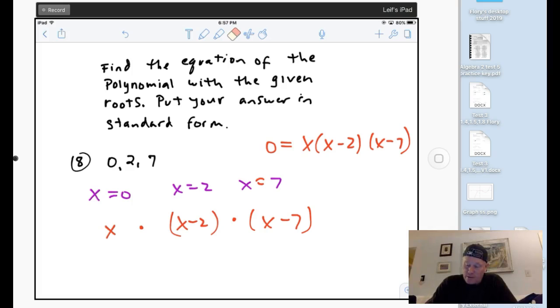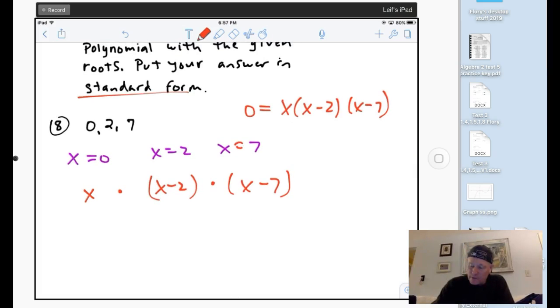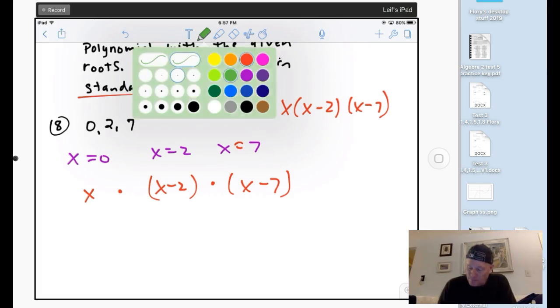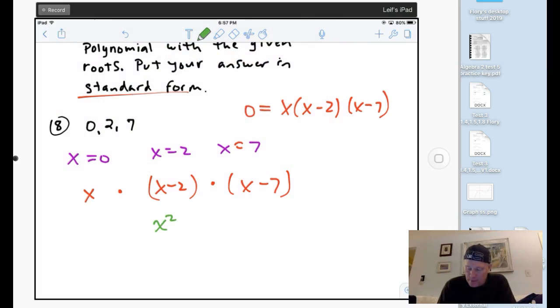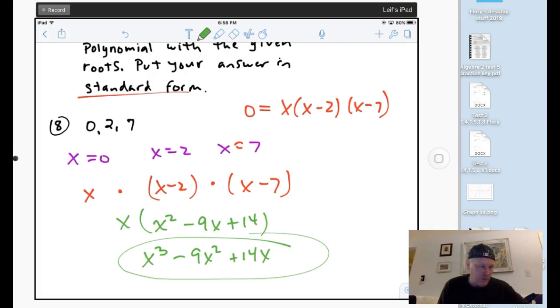Now, I would actually just put it like that and be done, except it says standard form, so we're kind of stuck. We got to actually FOIL or box it out. So if I use FOIL here, I get x squared minus 9x plus 14, and then I'm going to multiply that times x. So I'm going to get x to the third minus 9x squared plus 14x, and that should be the answer. Yep, that's it.